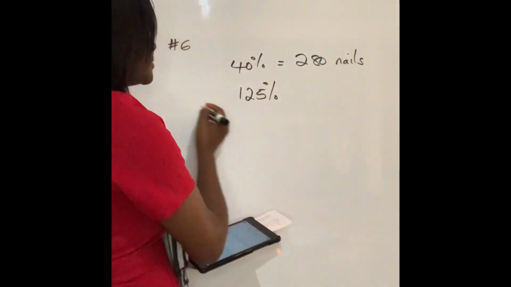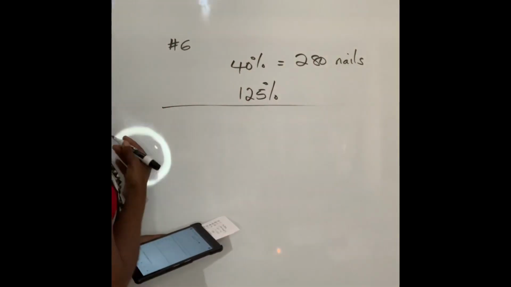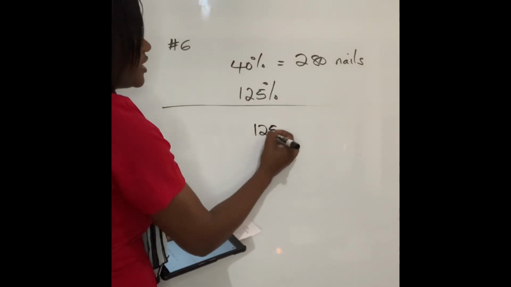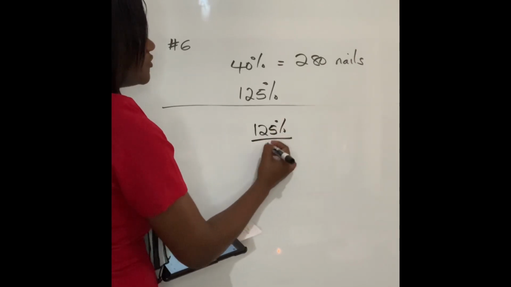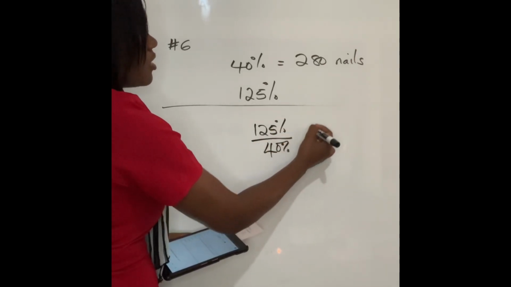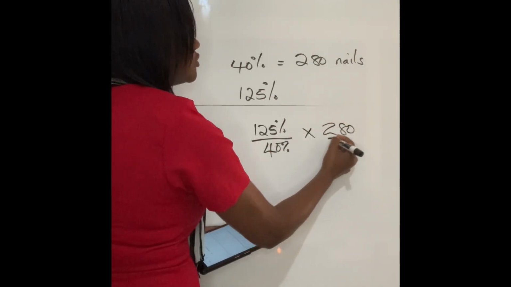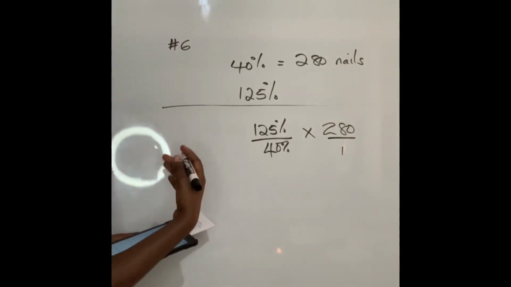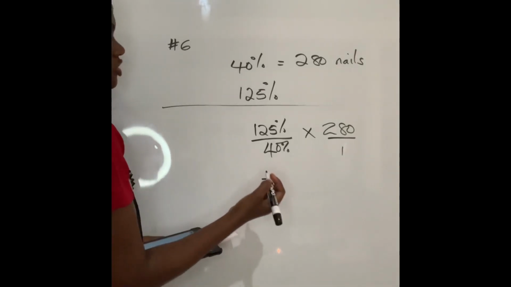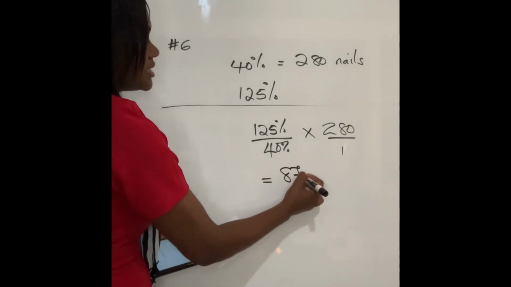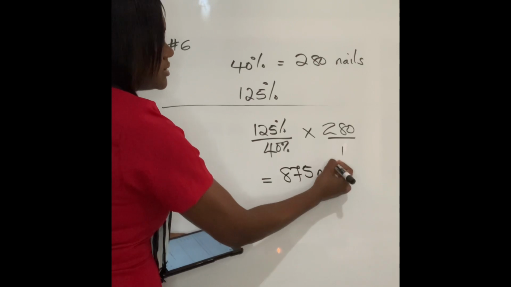And of course, one such way is to have 125% over 40% times 280 over 1. And you know, after cancelling, you should get 875 meals.